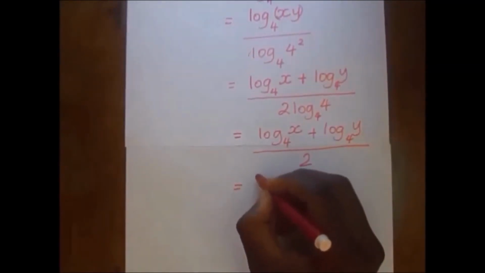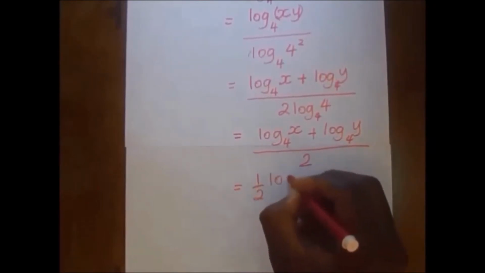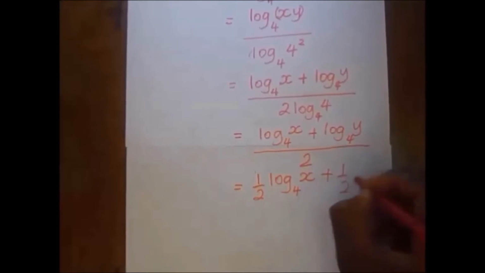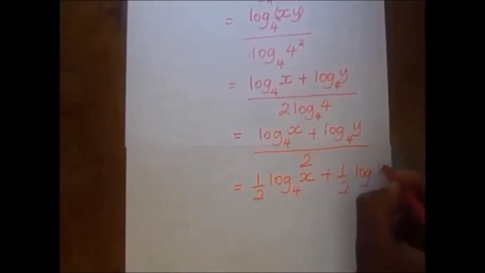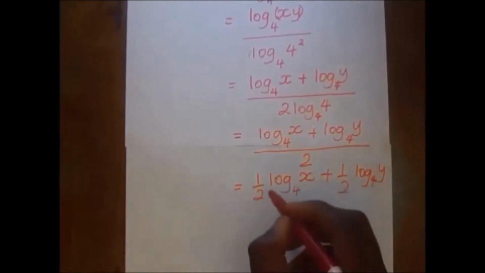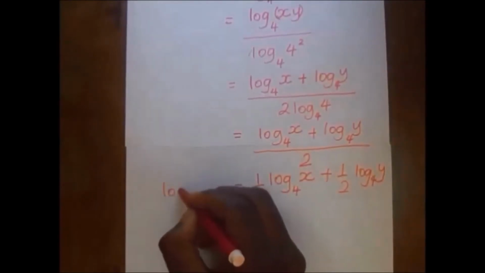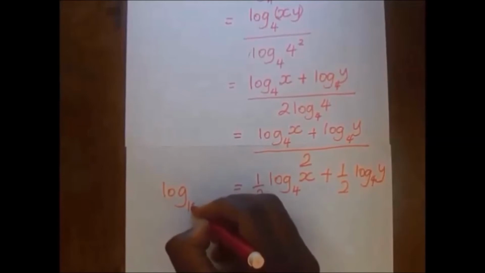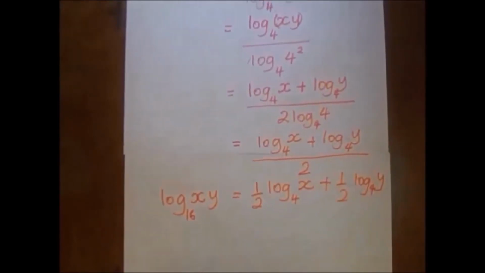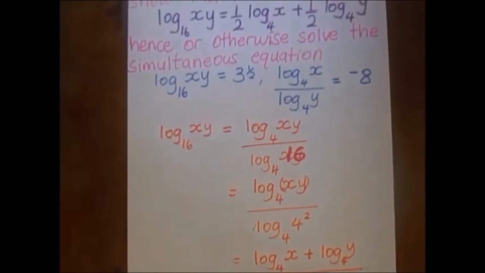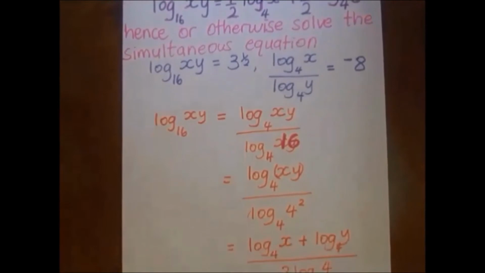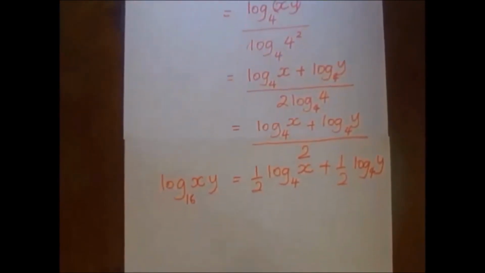This is going to turn out to be a half the log of x base 4 plus a half the log of y base 4. And there we will have shown this is equal to log of xy base 16. So just like our question was demanding that we show that this is equal to that, we have indeed shown it. So that's our answer.